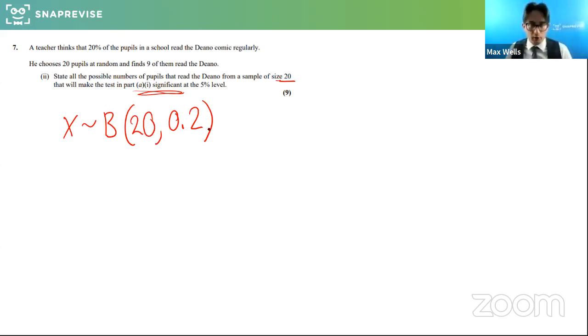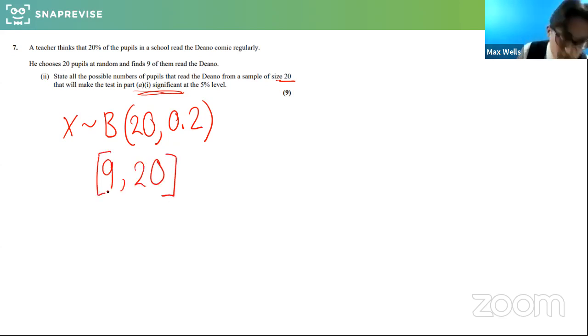And when we put this into our binomial distribution, we'll see that any value from 9 up to 20 is within the critical region, so that works, or also 0.